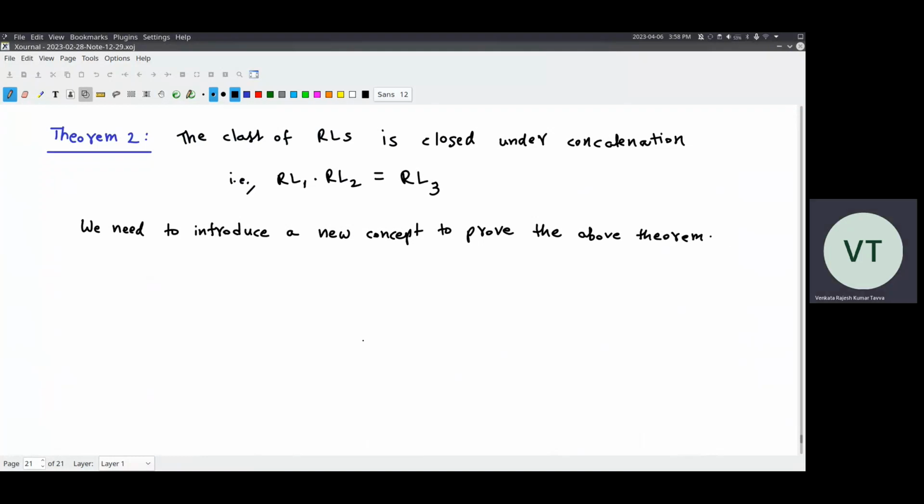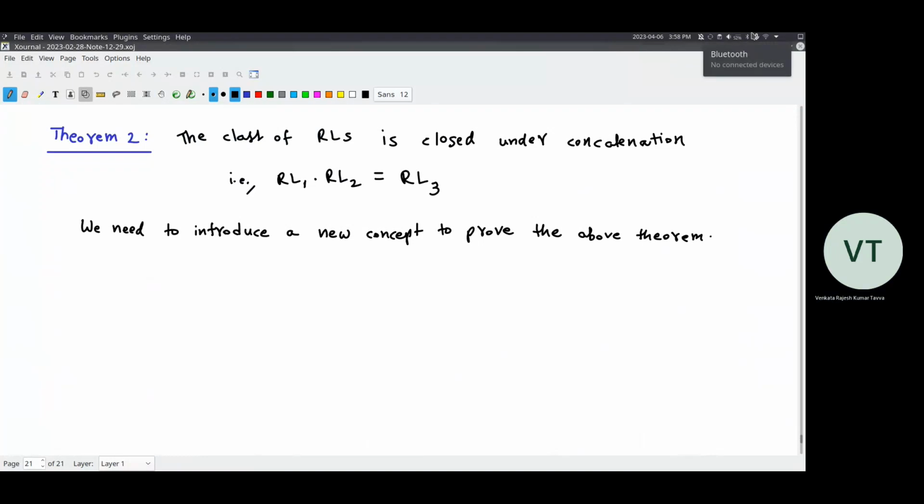Can anyone guess what the new concept is? Yes. Yes, non-determinism. So we need to introduce non-determinism to prove this theorem.